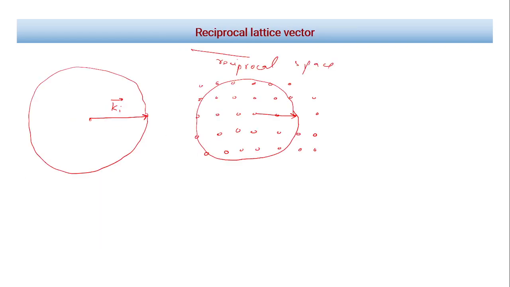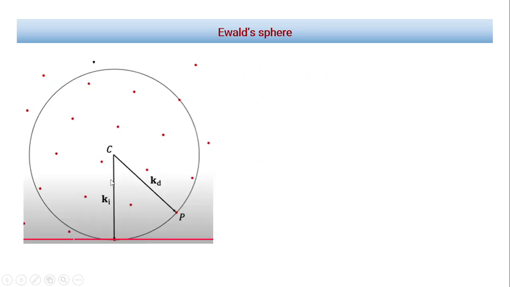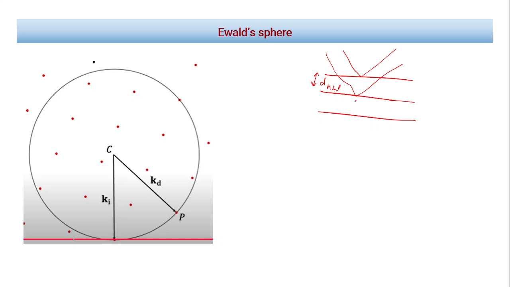In real space we were saying this is my crystal planes, and this is the interplanar spacing d_hkl, and the X-ray is incident and then diffracting or reflecting from subsequent planes, right? This was my incident ray, this was my reflected ray.